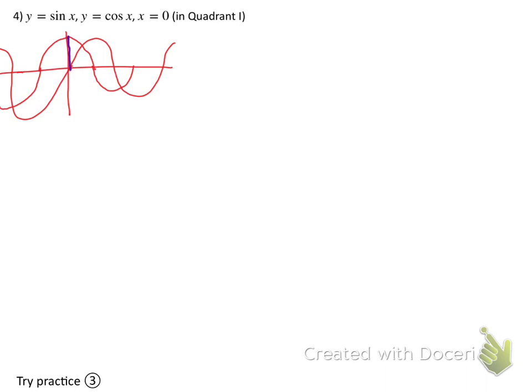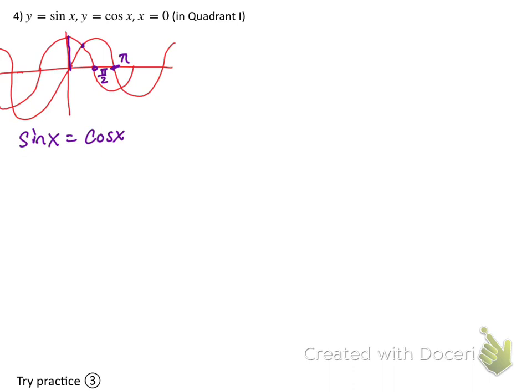Then we are going to look for where they meet each other. So that's where sine x equals cosine x in quadrant 1. When sine x and cosine x are the same, you are here. First of all, this is pi over 2, and this is pi.